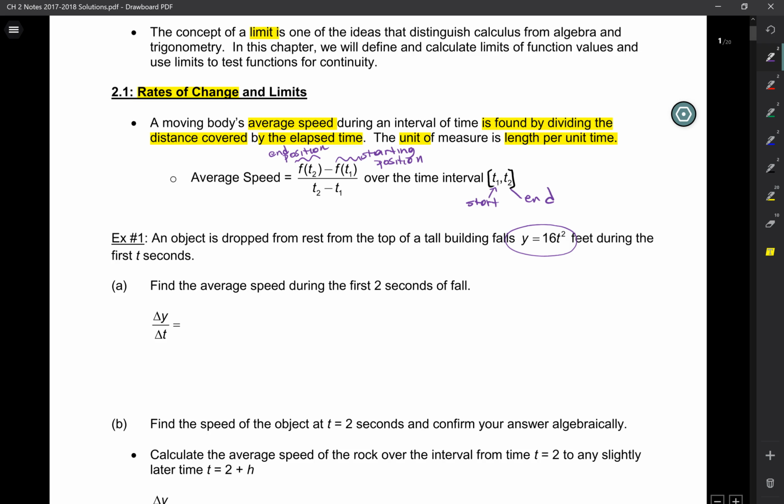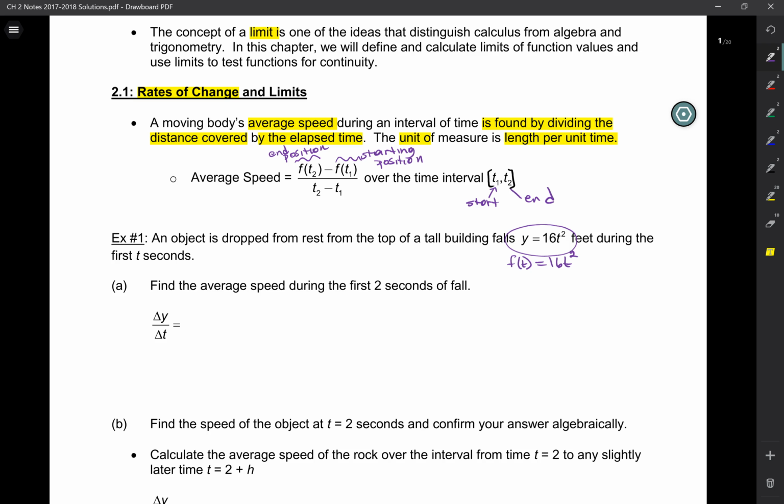So one other way to write y is f of t is equal to 16t squared. So now I have a function. I'm not explicitly told it started from 0 feet and ended at 50, or started at 50 feet and ended at 0 feet. I'm given a function with which I can find out where it was at t1 and where it was at t2.